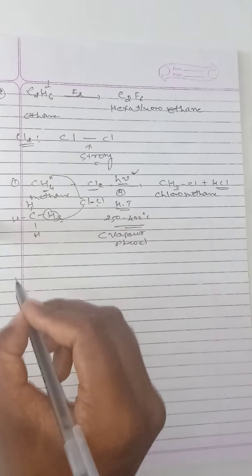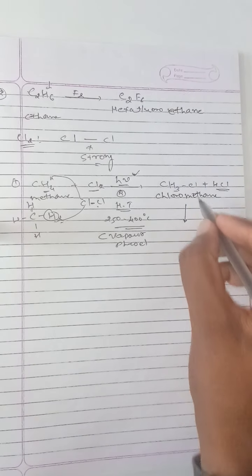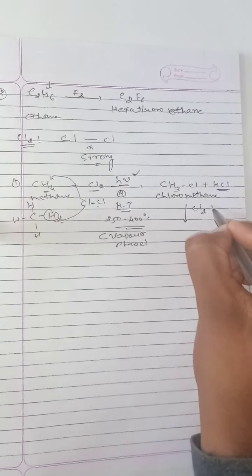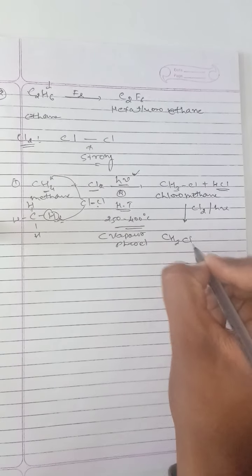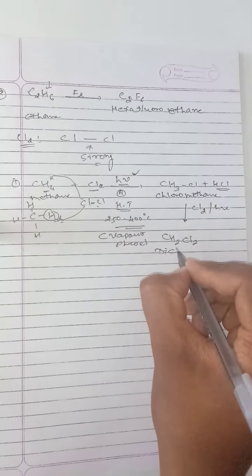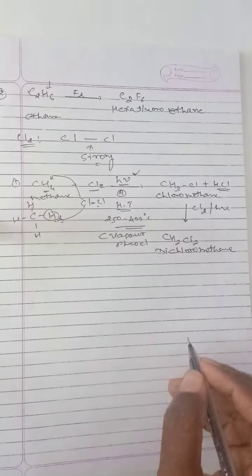So on again chlorination in presence of sunlight, we get CH2Cl2, dichloromethane.